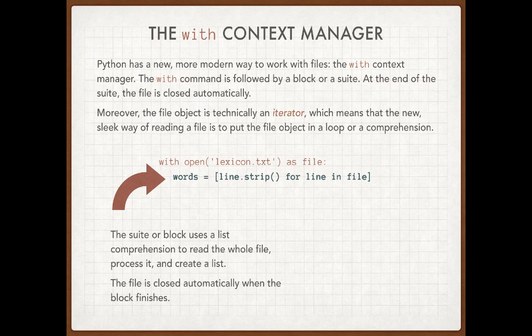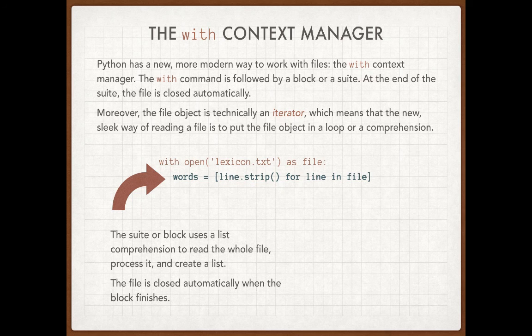So here, I'm just using a loop for every line in that particular file. Strip off any of the white space, and we kind of know already, right, don't we, what's going to be back there. There's going to be that new line on the back end. That whole comprehension is in square braces, and so therefore we know it's going to be a list, and I'm putting that list inside a variable called words.